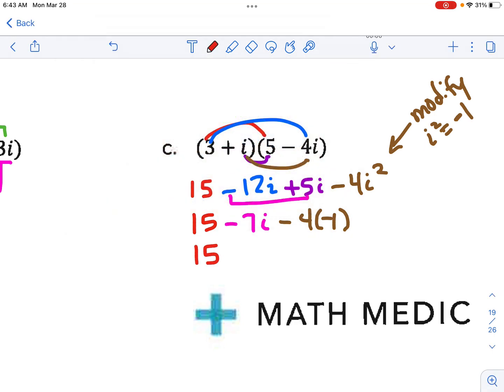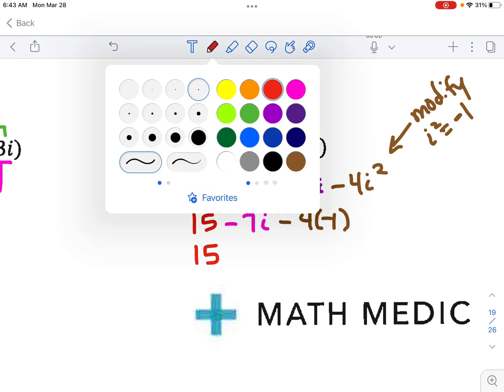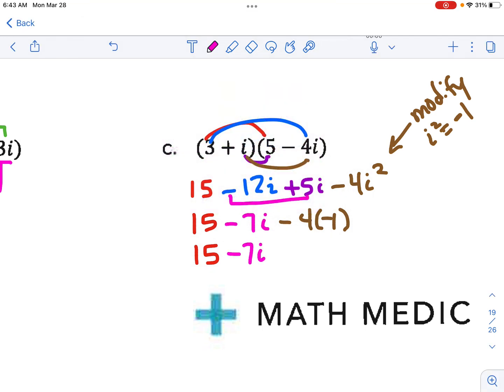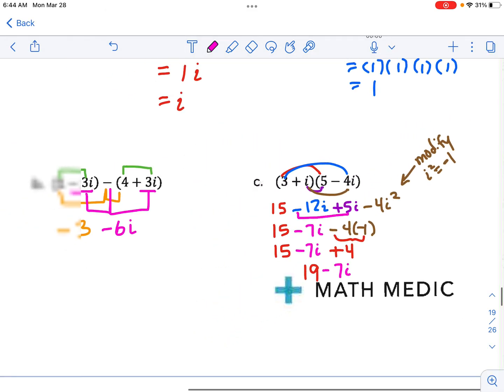So what happens then is that i squared term becomes a real term. And so this is still minus 7i, so that this minus 4 times minus 1 now is plus 4. So fully simplified then, this is going to be 19 minus 7i.